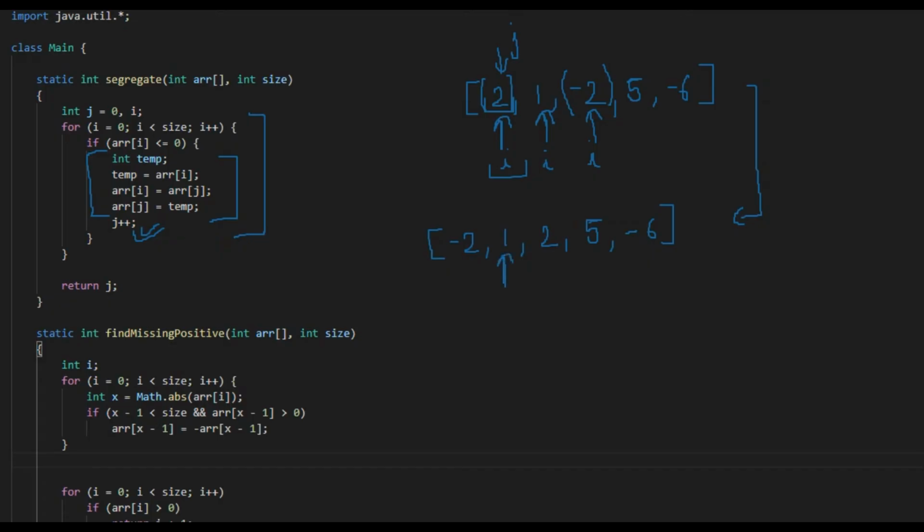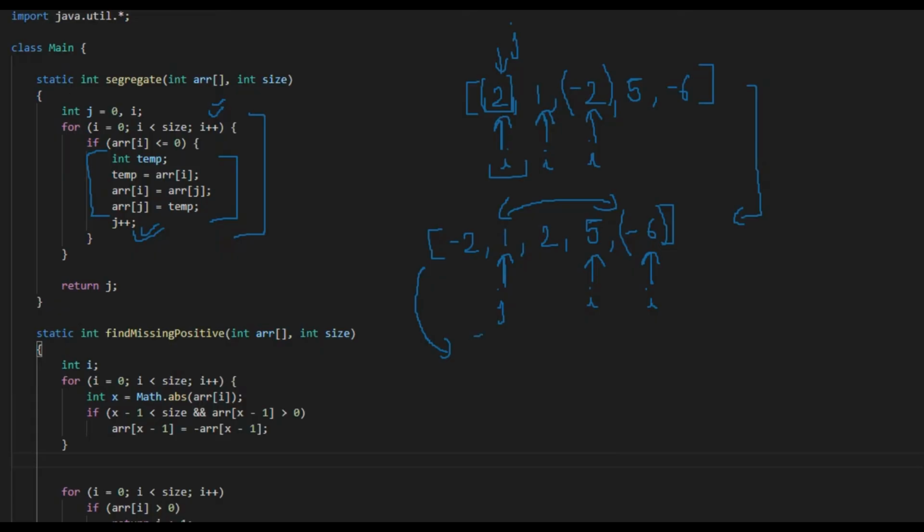Our j will point here, and as the i also increases here, so now i will point to 5. Okay. Now as it is positive number, this if condition will not get executed. Then we will move here at minus 6. As we can see, it is negative number, so we will enter this if condition, and what is happening in this condition is we will swap both these elements which is present at i and jth position.